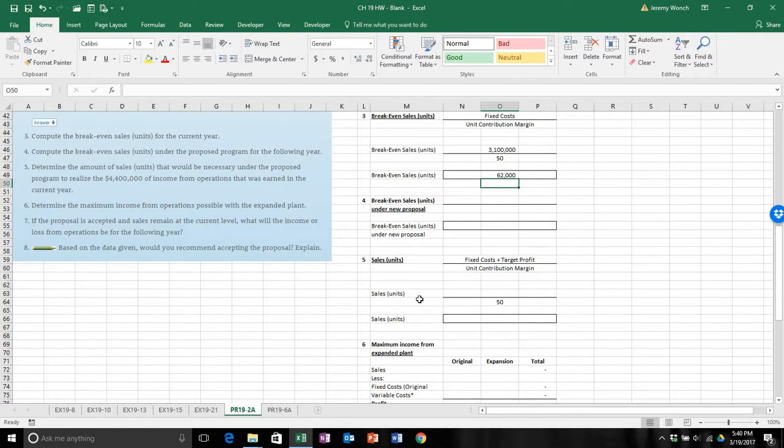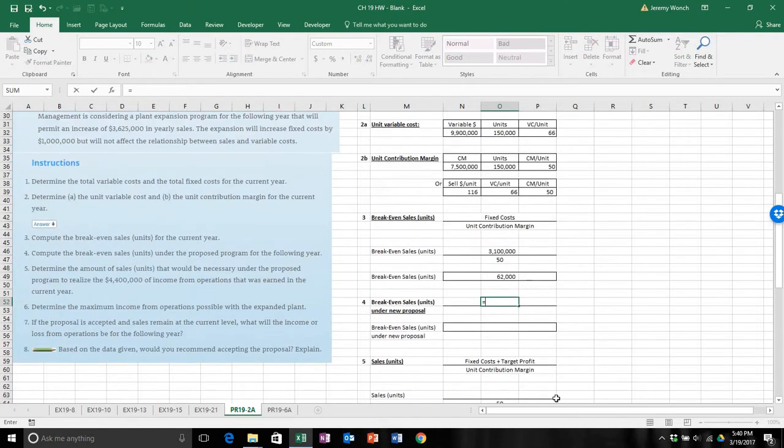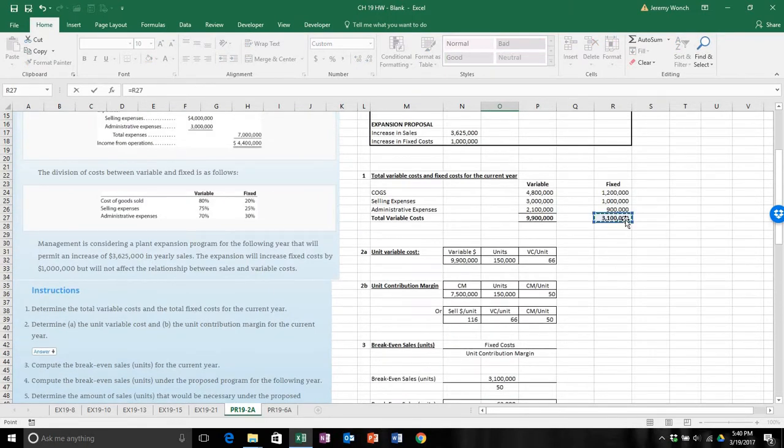All right. In part 4, it wants us to do the break even under the new proposal. Okay, so same formula. We have fixed cost divided by our unit contribution margin. Our fixed cost are 3.1 million, plus we're going to increase that by $1 million.